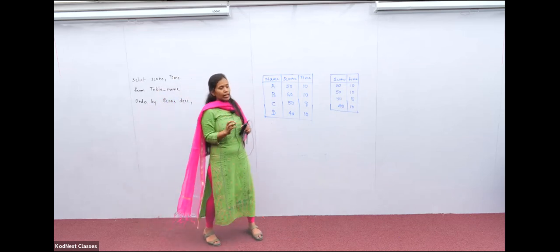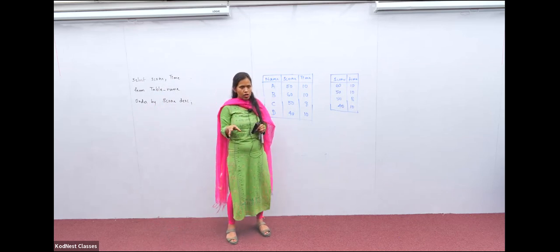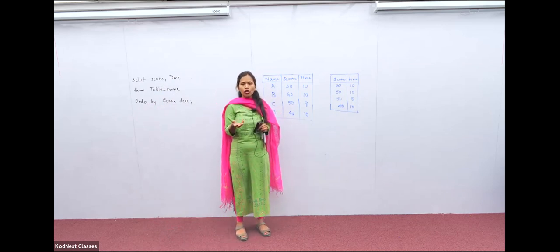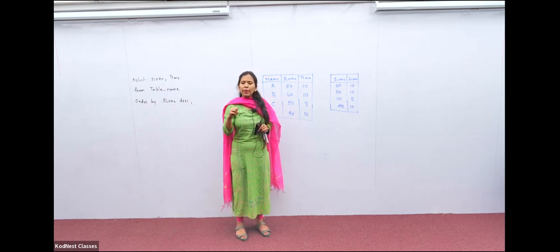Write a query to display score and time of the players. Those who have scored the highest score should be displayed first, followed by the lowest score. But if in case there are two players who have the same highest score, then display based on the less time they have taken for scoring it.